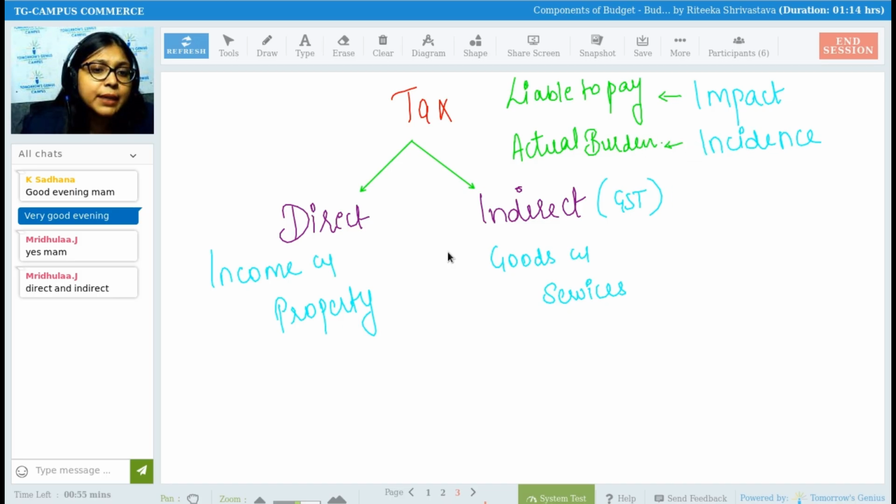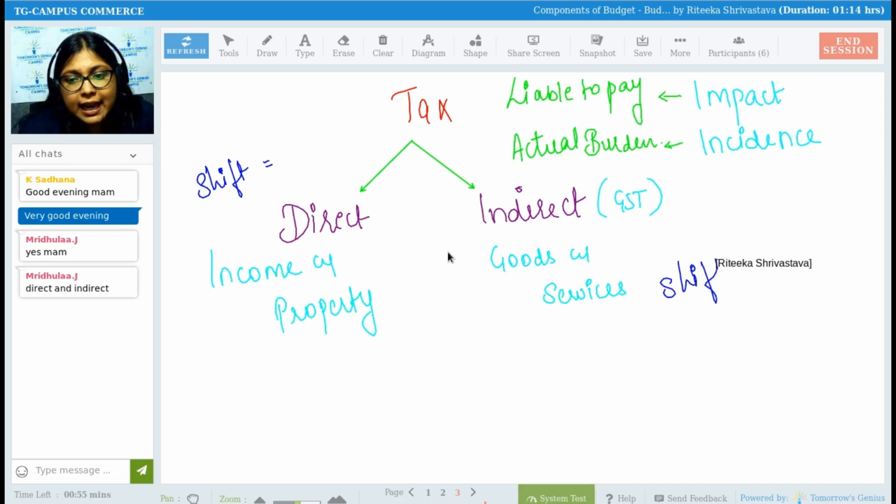So now quickly tell me, in direct tax, can we shift the burden? Yes or no? Under direct tax, can you shift the burden of paying tax from one person to another? If I am incurring, no. Very good.